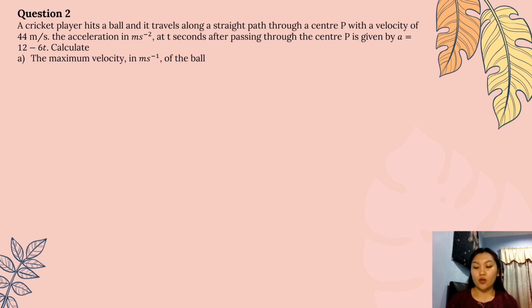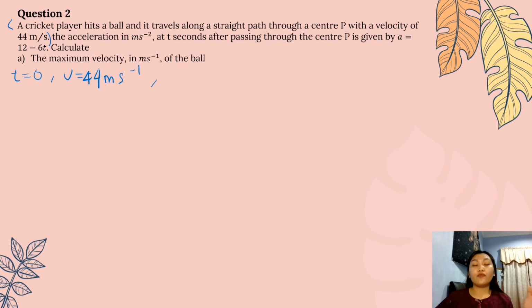Okay, so as always, we list out the information that we have first. A cricket player hits a ball and then the ball travels to the center P. So when the bat and the ball were being hit, I can understand that t is equal to 0 and the velocity is equal to 44 ms-1.